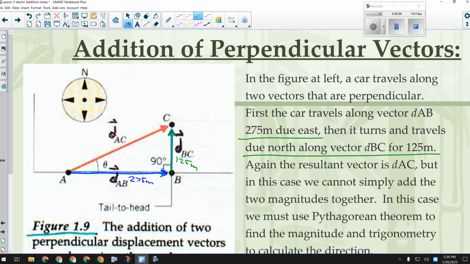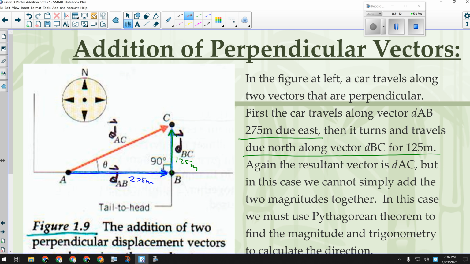So the red line is still my resultant. In this case, the resultant represents my total what? Displacement. This would be my total displacement.